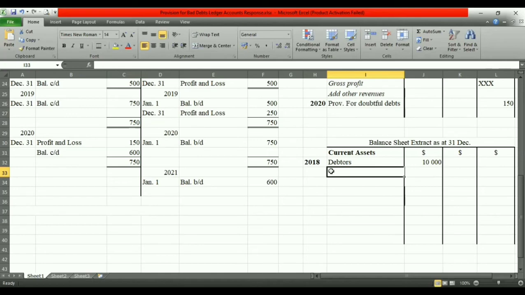The provision will decrease your debtors value. So therefore you write less provision for doubtful debts.